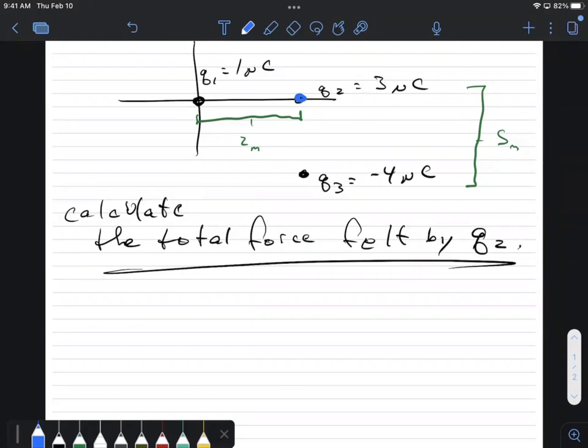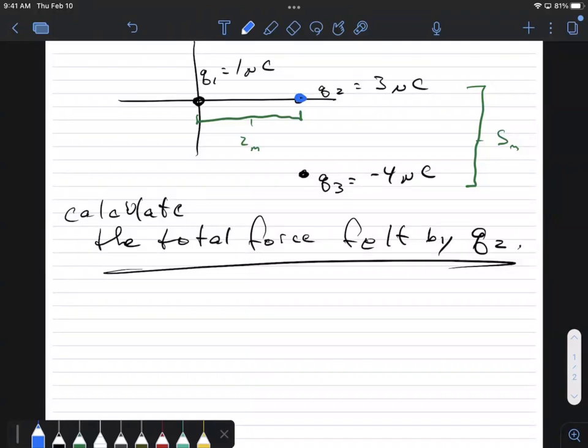If you have multiple phenomena all occurring on the same object, and you want to know what's the total effect on this object, there are some times where it's possible to figure out the effect by considering each phenomenon one at a time, as if they're the only thing happening, and do it for each set. And then once you've gotten each set individually, just add them all together to get the total influence.